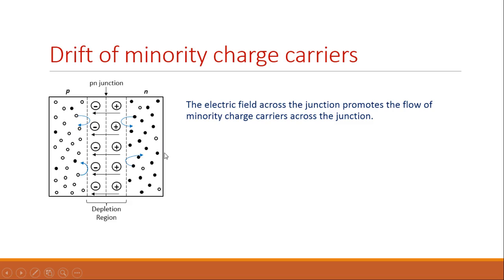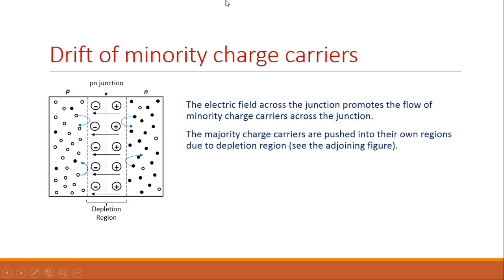Here specifically, we are going to speak about the motion of minority charge carriers across the junction, and it is known as the drift of minority charge carriers. Now, as soon as the junction is formed and later the depletion region is formed, the majority charge carriers are pushed into their respective regions due to the formation of the depletion region.